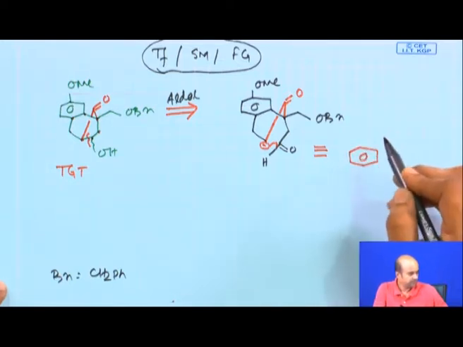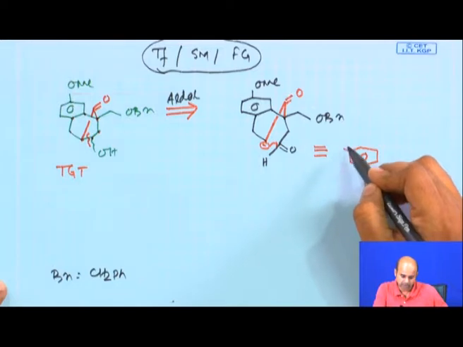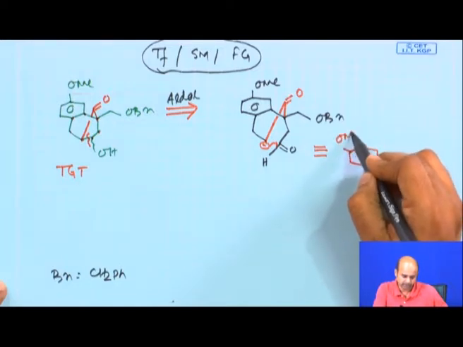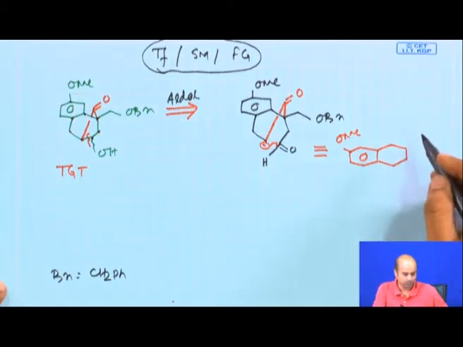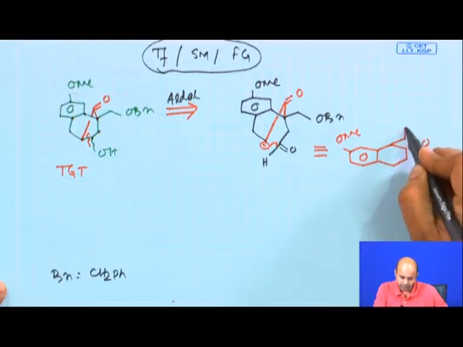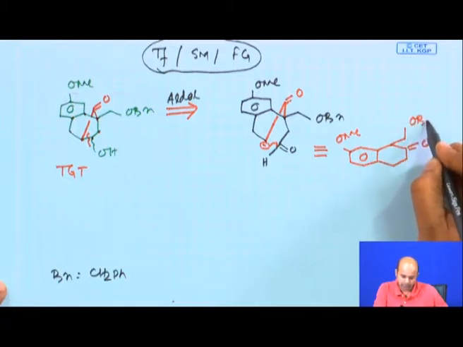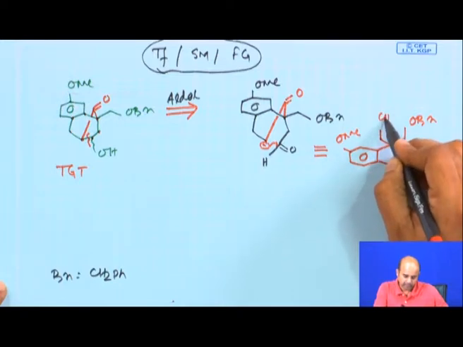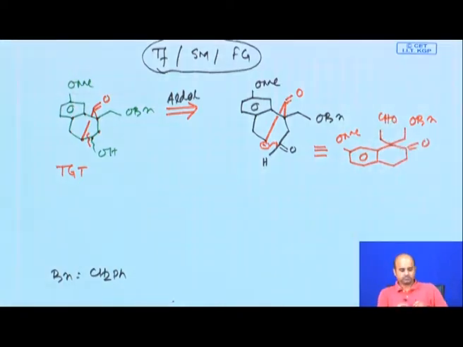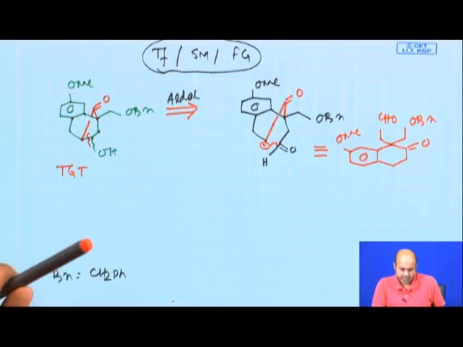If you write it, you see the structure is basically nothing but two 6-membered rings fused together, isn't it? See the analogy.